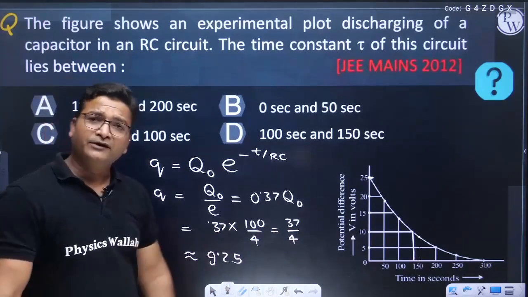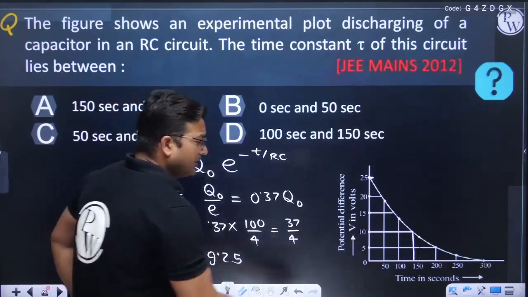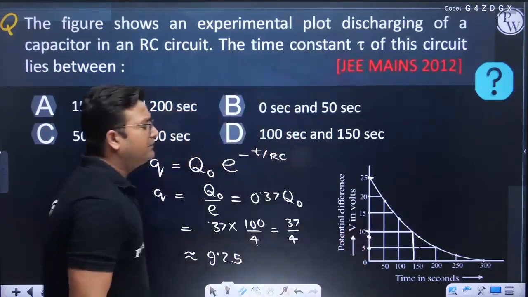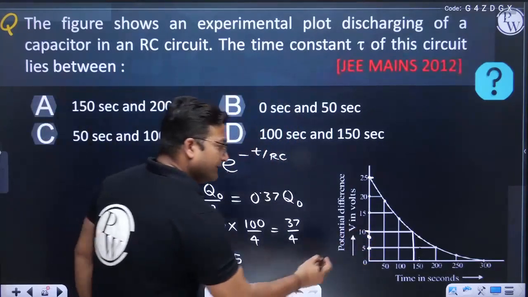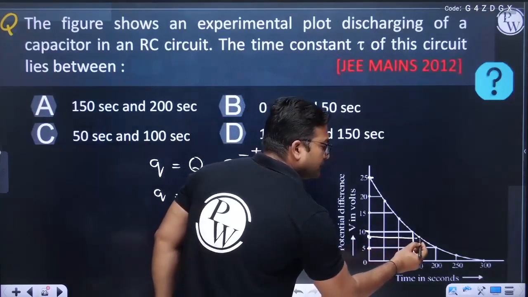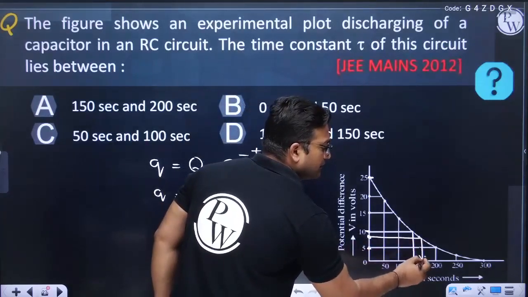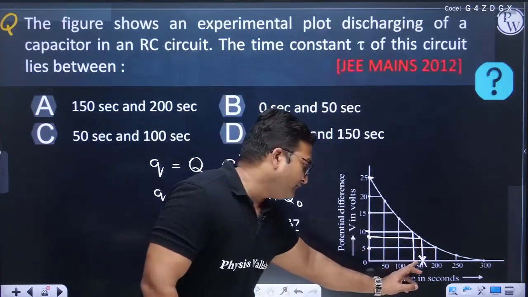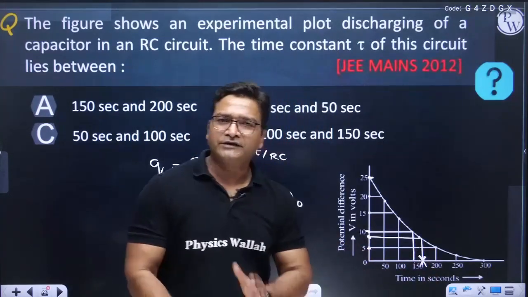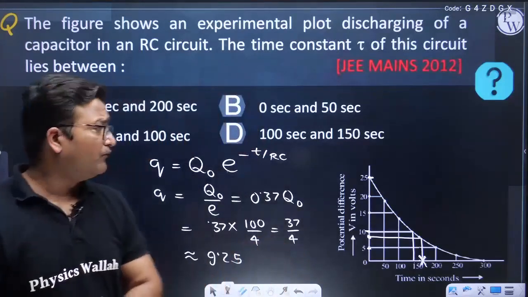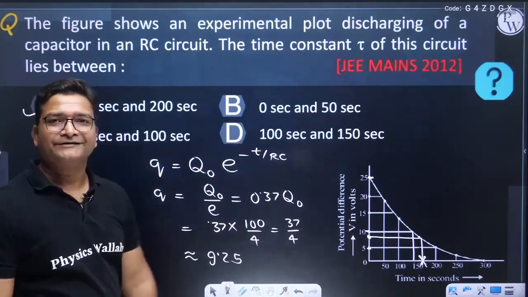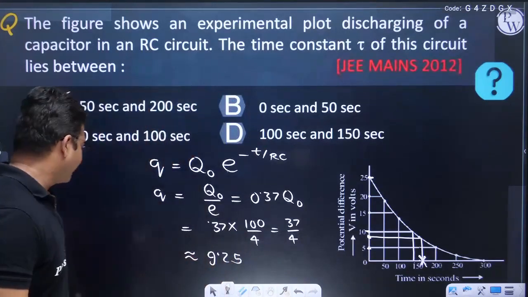So see, 9.25 is actually between 10 and 5. Somewhere here we will be having 9.25. And if I make this line and this line, see, the time is between 150 and 200. So time constant lies between 150 and 200, and the option A is obviously correct.